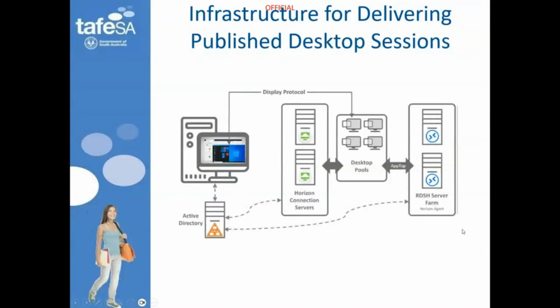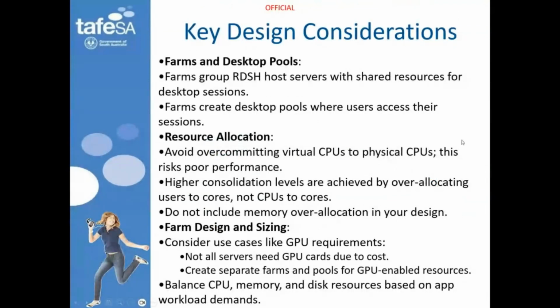But in our worksheet, we didn't want to make it so complicated, so we just made them as if they were physical servers. But the honest truth is that you could do it as virtualization. High consolidation levels are achieved by over-allocating users to cores, not CPUs to cores. Do not include memory over-allocation in your design.